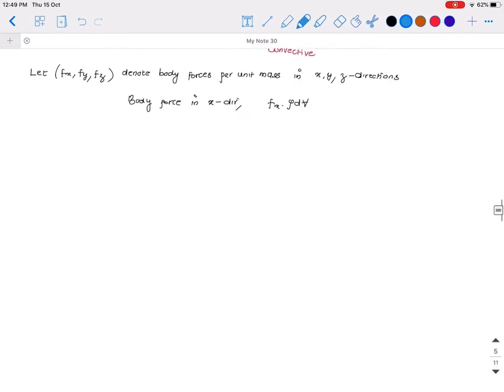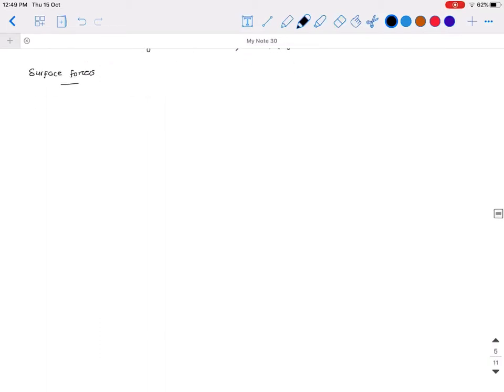Okay, so in order to talk about surface forces, we consider an infinitesimal fluid element as we have considered while deriving the continuity equation.